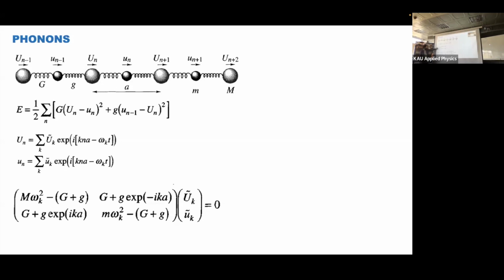We will have two formulas, two functions, for u big and u small, to substitute here and get this system of equations, which is called the secular equation. This is for two types of phonons.